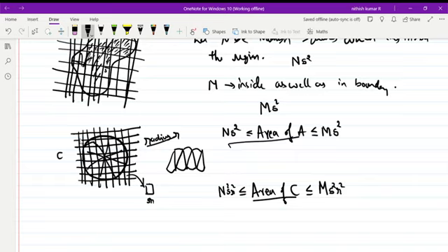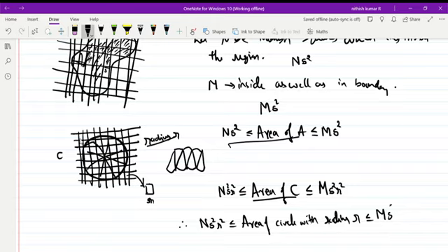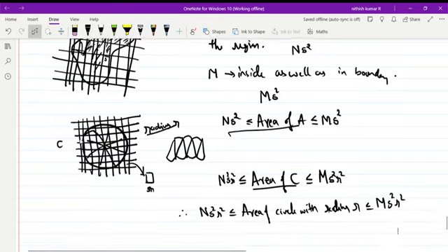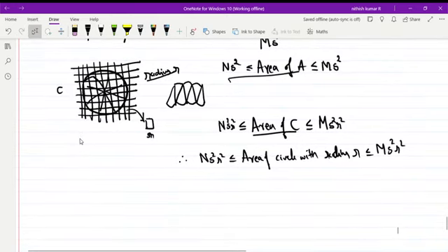Therefore, n s squared r squared is less than or equal to the area of the circle with radius r, which is less than or equal to m s squared r squared.